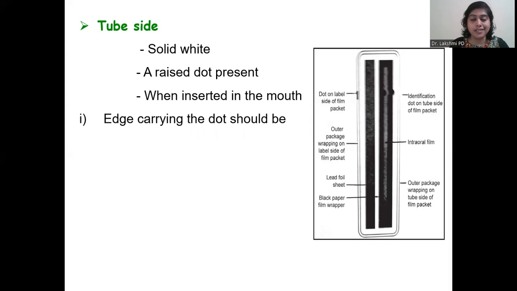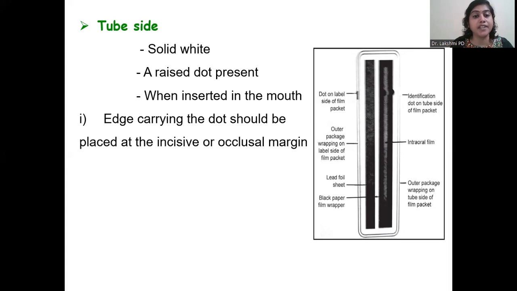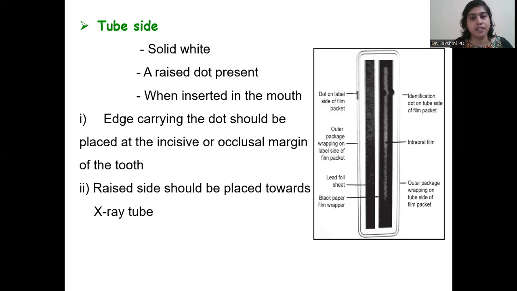Once you insert the film into the patient's mouth, you should always make sure this occlusal dot or orientation dot is placed towards your incisive or occlusal margin. That is, the edge of the outer plastic cover that has this orientation dot should be placed towards the incisive or the occlusal margin, and the dot, the raised surface, should be facing towards the X-ray tube.